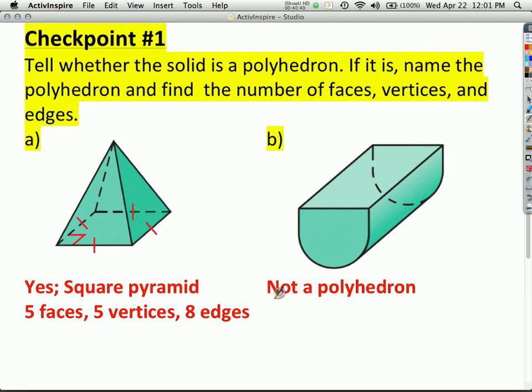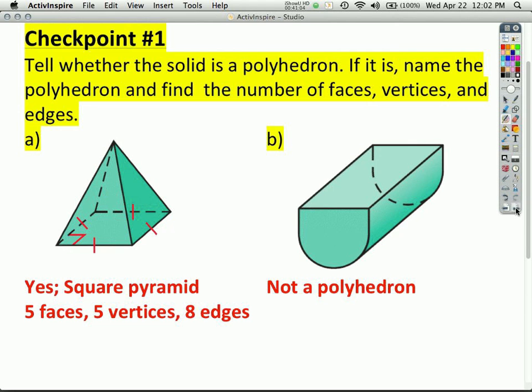And do you have enough examples to prove it with? Yes. And it seems to work? Yes. Great. So John definitely said something about the faces and the vertices being equal to each other, but you're taking it a step further and saying the number will be the number of sides of the base plus 1, and they'll be equal to each other. That's great. Great job.